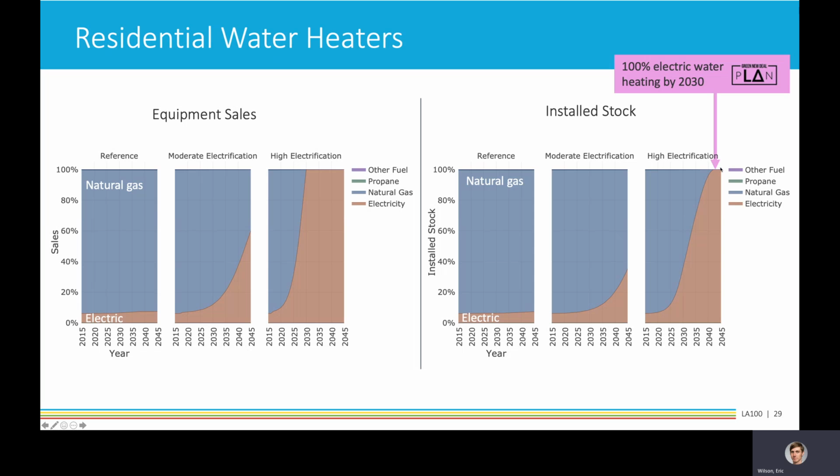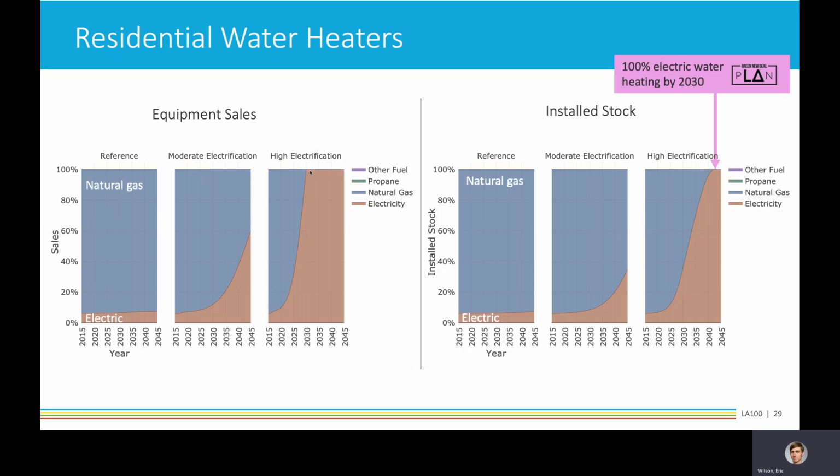And to achieve that level, you can see that we backcast what the percentage sales would have to be. So using standard lifetimes and turnover rates for residential water heaters, in order to get to 100% electrification by 2045, you need to have 100% of water heater sales be electric by the year 2030.